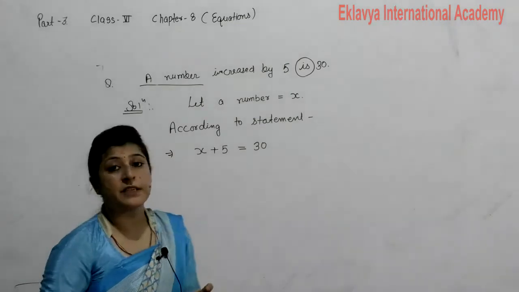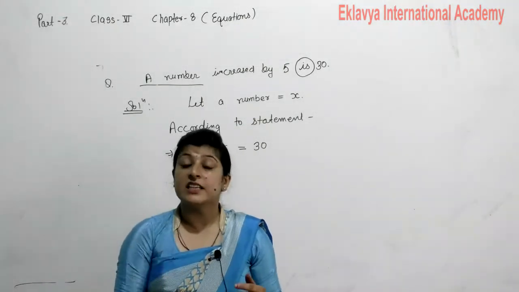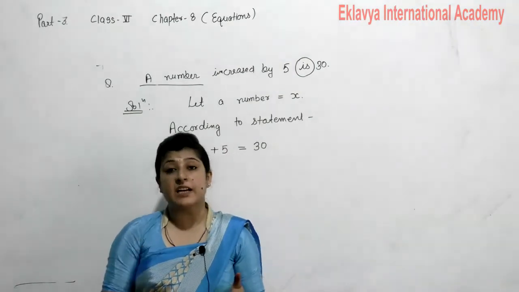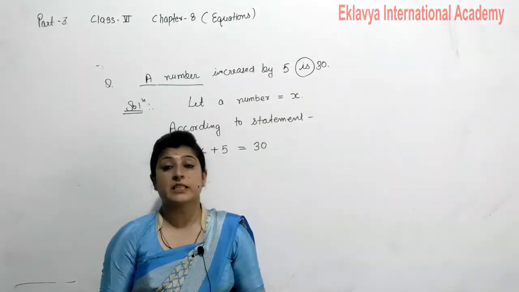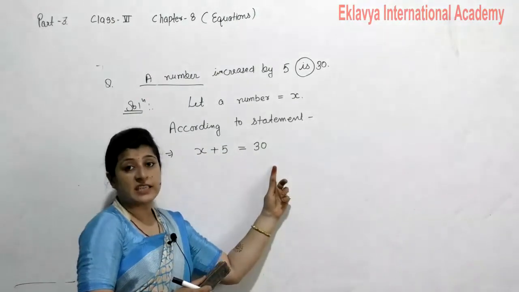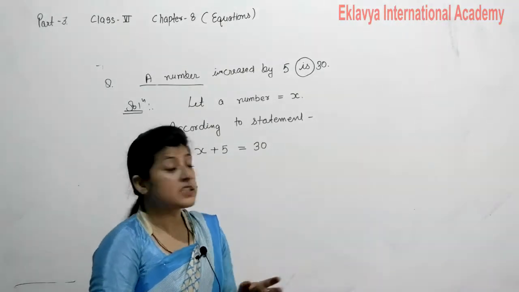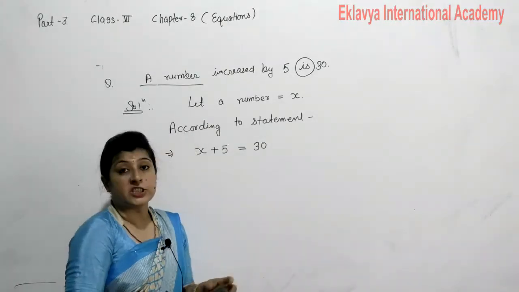In the previous lecture we discussed a problem like this, but there was no equal sign, so that was only an algebraic expression. Now this time we have both parts, LHS and RHS, with an equal sign in the middle. It means this is an equation.